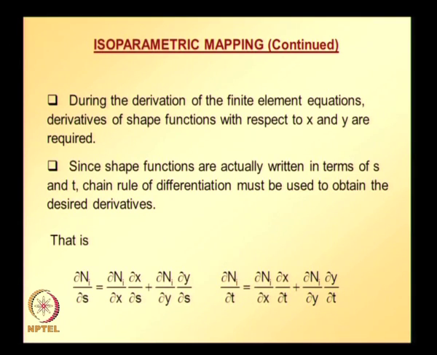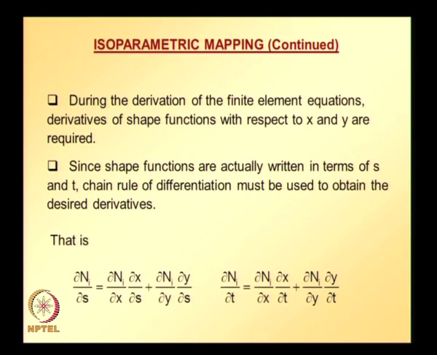partial derivative of Ni, where i takes values depending on the number of nodes that a particular element has. So, partial derivative of shape function with respect to s can be written as partial derivative of shape function with respect to x times partial derivative of x with respect to s plus partial derivative of shape function with respect to y times partial derivative of y with respect to s.